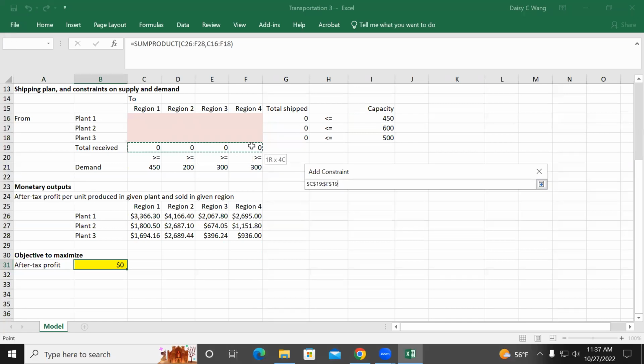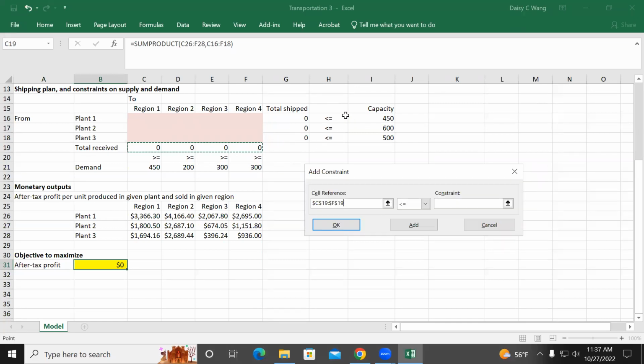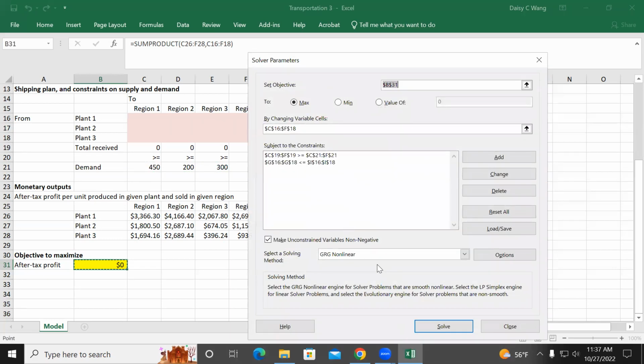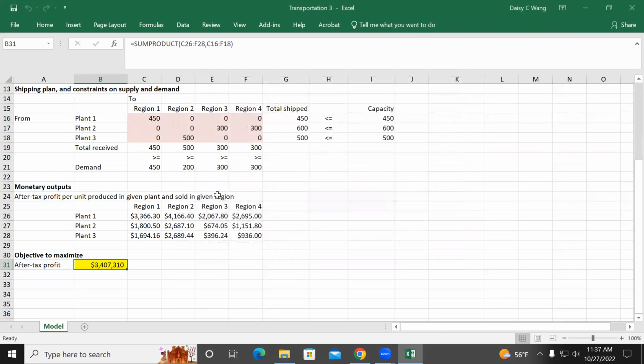If I put greater equal, it would use up all the capacity, greater equal than this, and then we have a lot of inventory. So you see, we used up all the capacity, unlike the first model where we didn't use all the capacity. Here in some areas, like region 2, obviously we can make a lot of money.